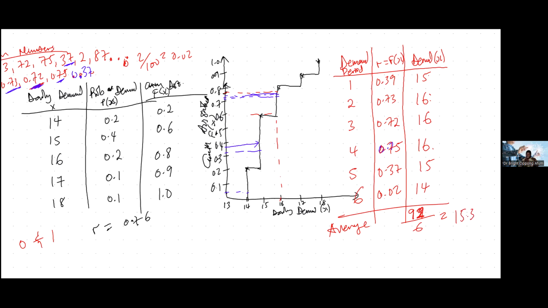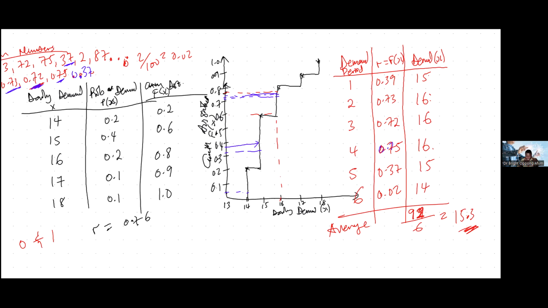So the average demand will actually be 15.3. This is how the random process generator works, using the Monte Carlo technique.